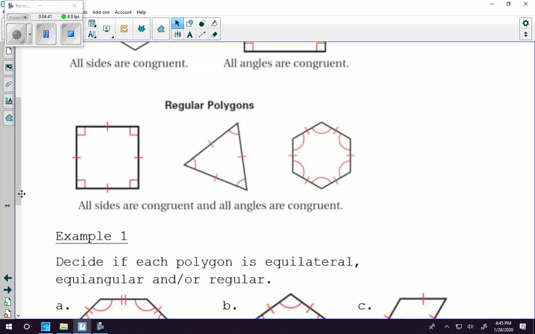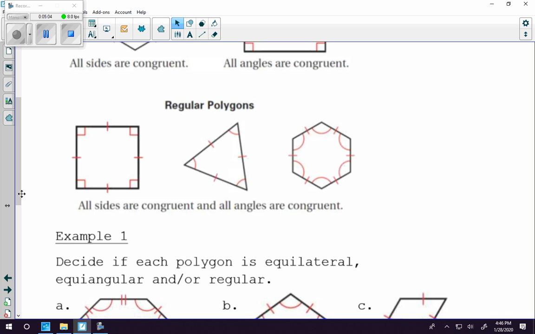It's a regular octagon. There's definitely a difference between a convex octagon, which has 8 sides, but they don't all have to be congruent, and the interior angles don't necessarily have to be congruent. But the second we call it a regular octagon, we're talking about a stop sign.